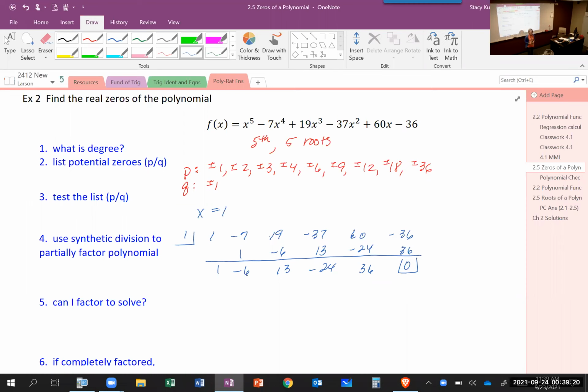Find me another root that divides evenly into our original function. What's the next one that you find? 3, right? Didn't 3 divide evenly in there? Okay. So now I'm going to take my fourth degree polynomial and divide it by 3.